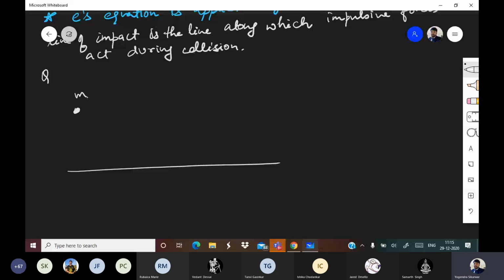This is a ball of mass m. The ground is smooth. The coefficient of restitution is E. If this angle is theta, the ball will collide with the ground, and after colliding it will go like this.